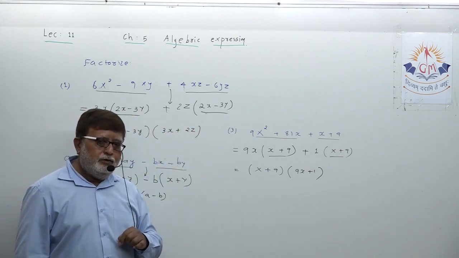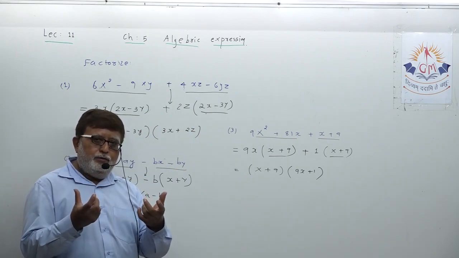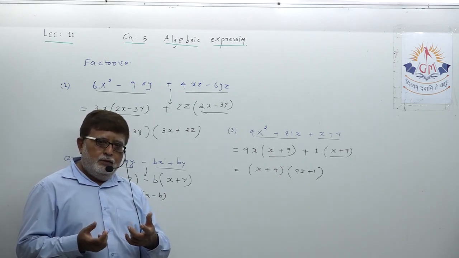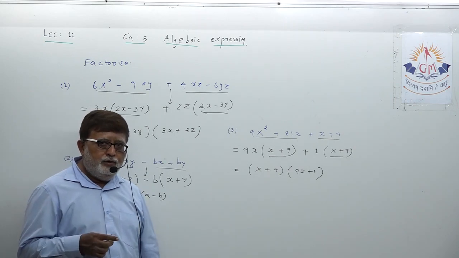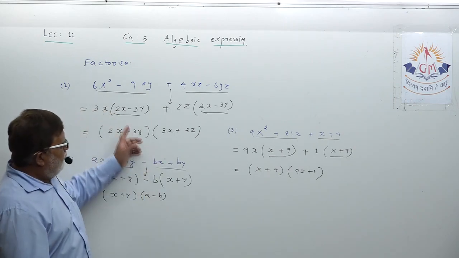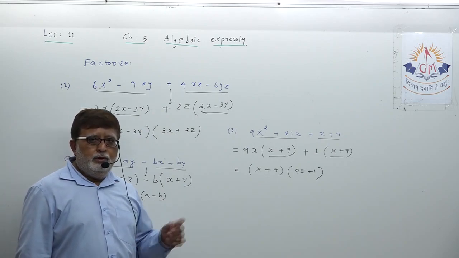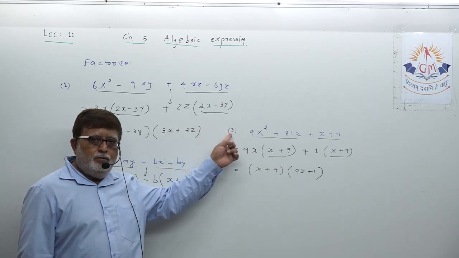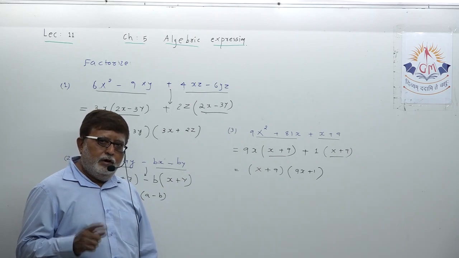So if such a situation occurs, that you try to take out common from two terms each, and in the first step you do not get a bracket which is common, then you have to calculate the sum again.